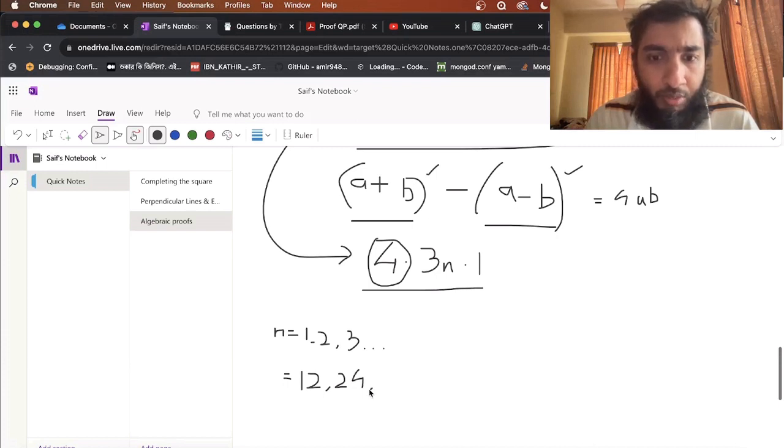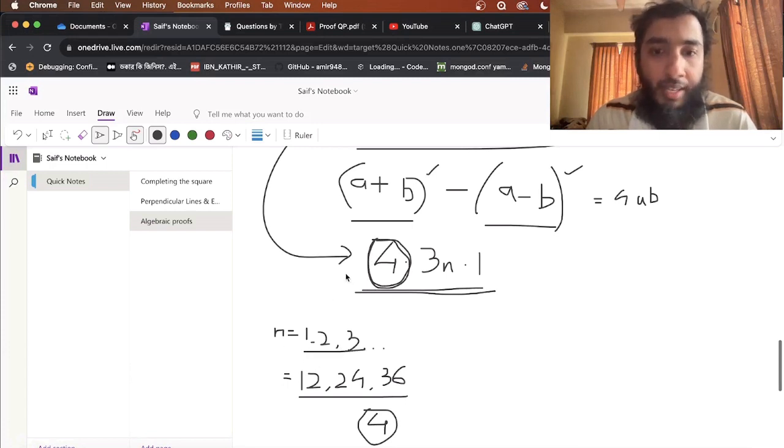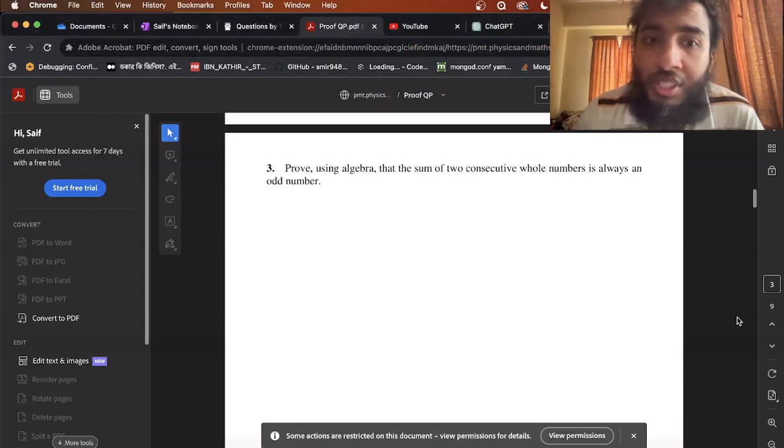Right? And if I use the value of 3, then it's 9 multiplied by 4, which is 36. So these are all multiples of 4. So you can clearly see that this expression will always yield a multiple of 4 for all positive integer values of n.